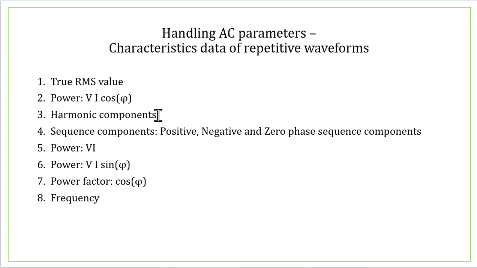If it is a pure sinusoid, it will have only one component, that is the fundamental component or the first harmonic. But if it is not a pure sine wave but is repetitive at a fixed repetition rate, then it will have a large number of harmonics. So we are going to see what it is all about.